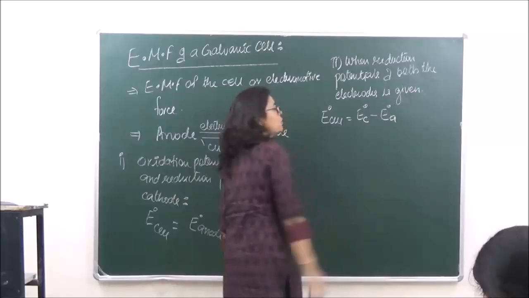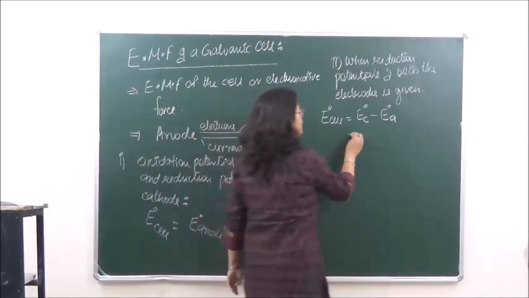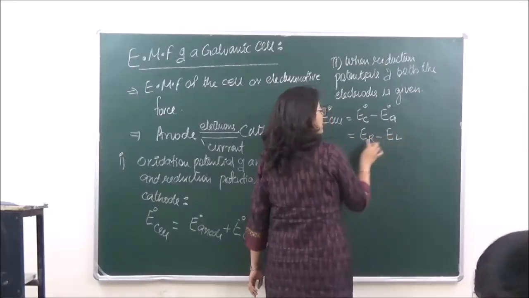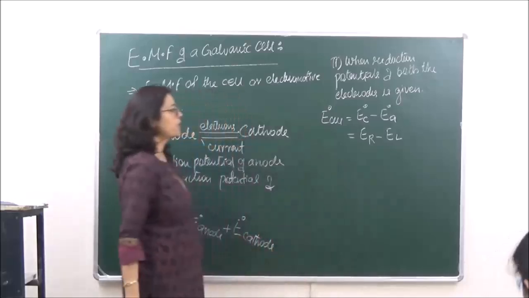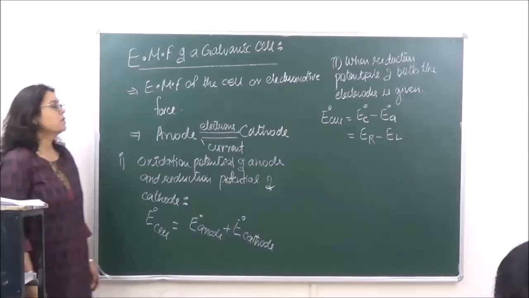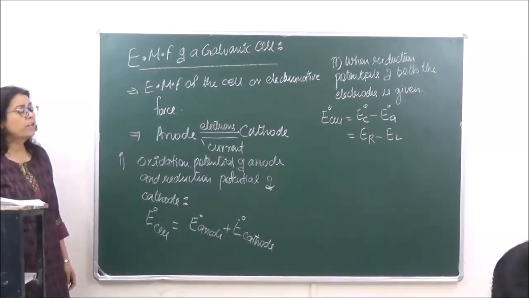The reduction potential of the cathode minus the reduction potential of the anode, or it is also written as E right minus E left. That is, the reduction potential of the reduction half cell on the right hand side, minus the reduction potential of the left half cell in which oxidation is going to take place.